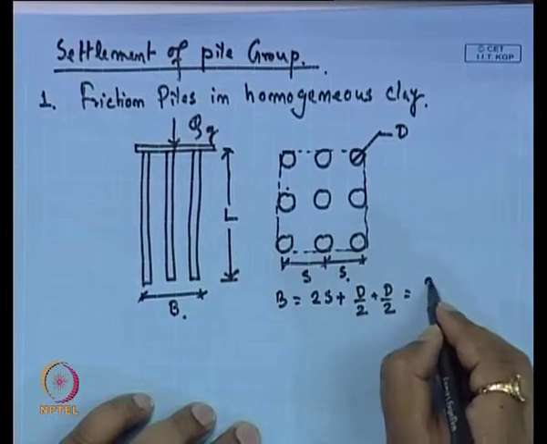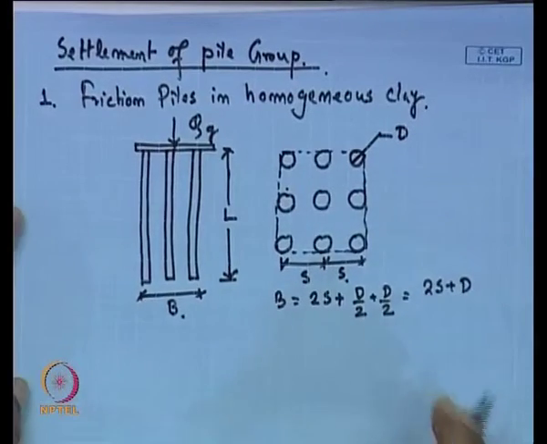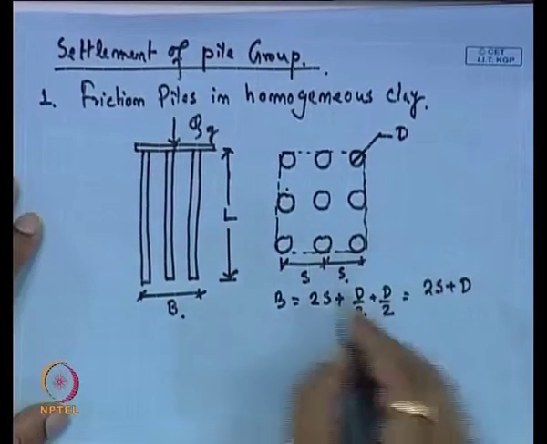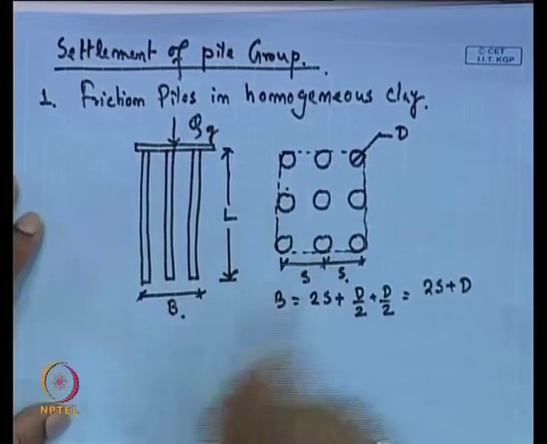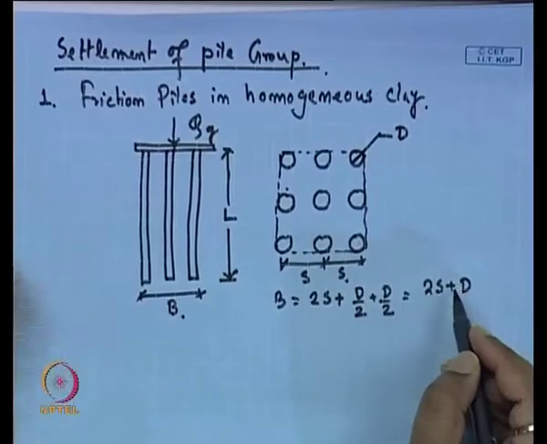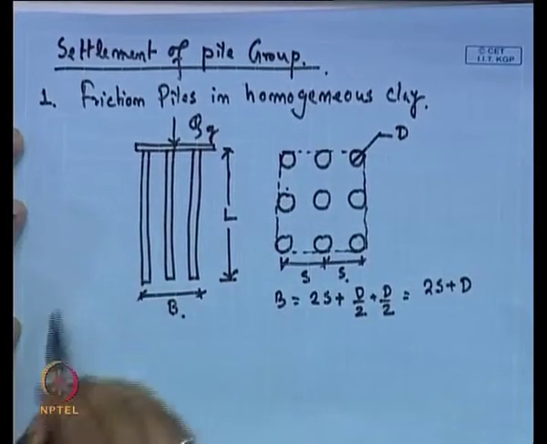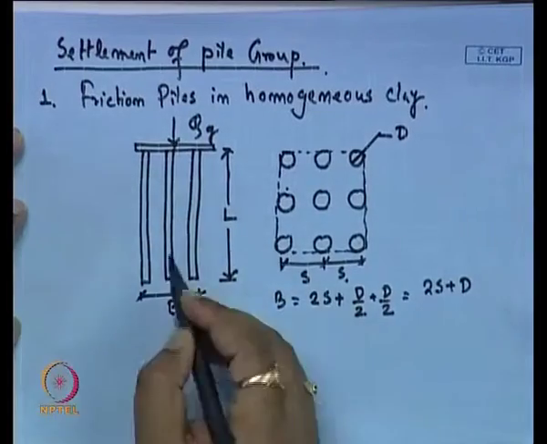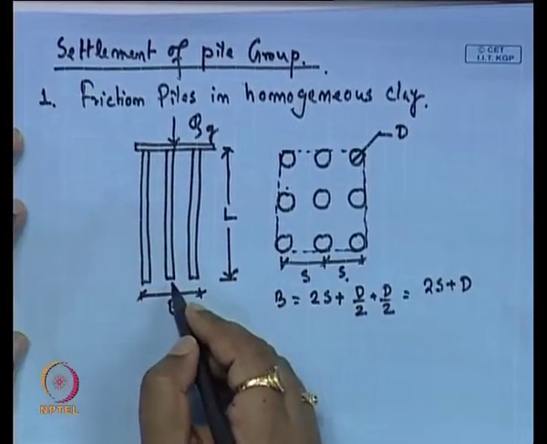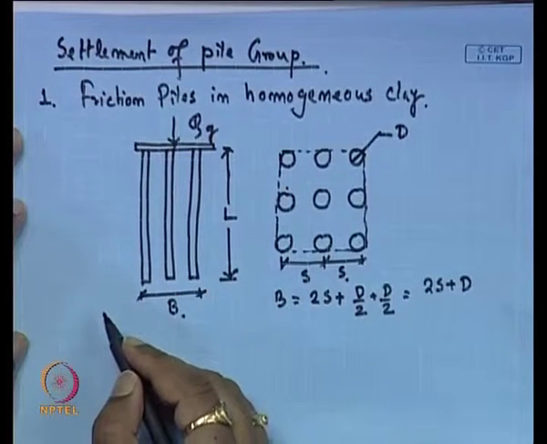So, this will be twice S plus d. This is the diameter of the pile, S is the spacing between the two piles. Now, in such a case, how to calculate? These piles are installed in this homogeneous clay.